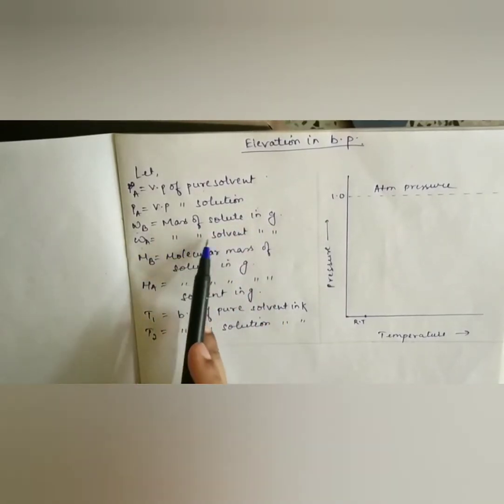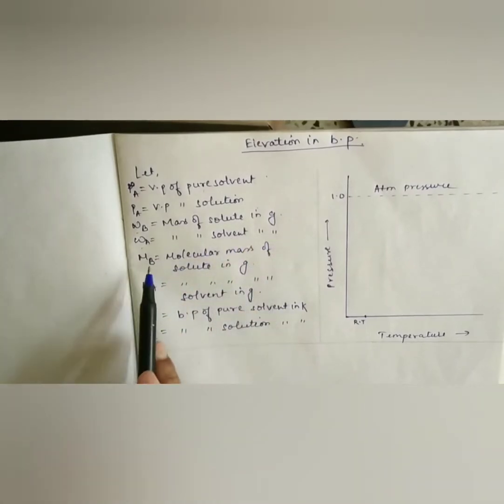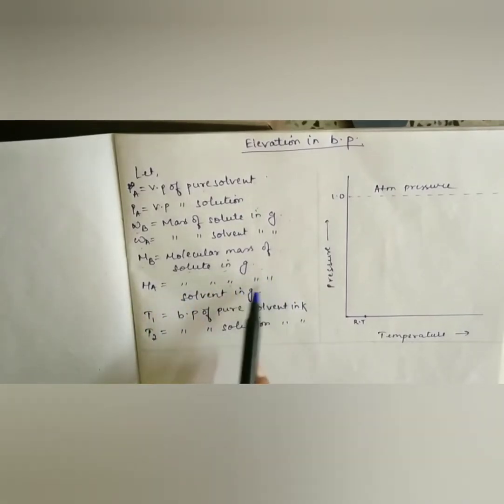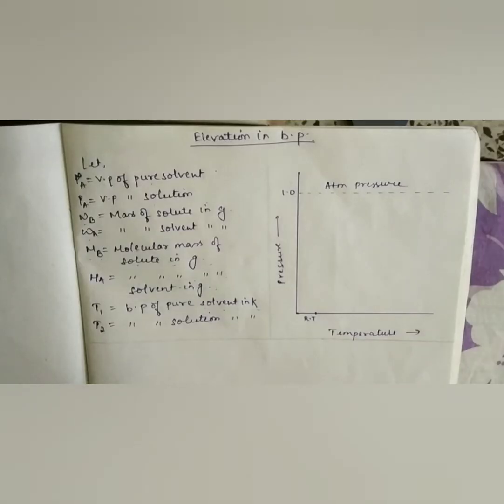WA mass of solvent in gram. MB molecular mass of solute in gram. MA molecular mass or molar mass of the solvent in gram. T1 is the boiling point of the pure solvent in Kelvin. T2 is the boiling point of the solution in Kelvin.